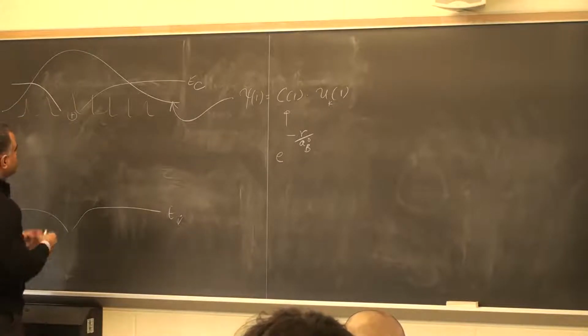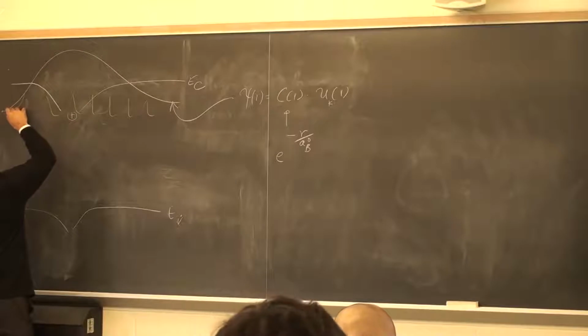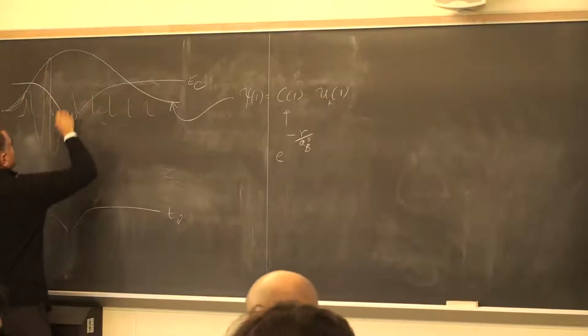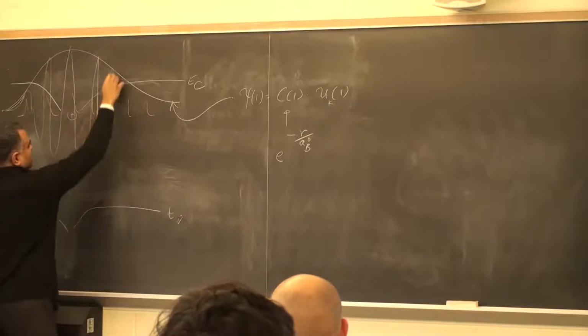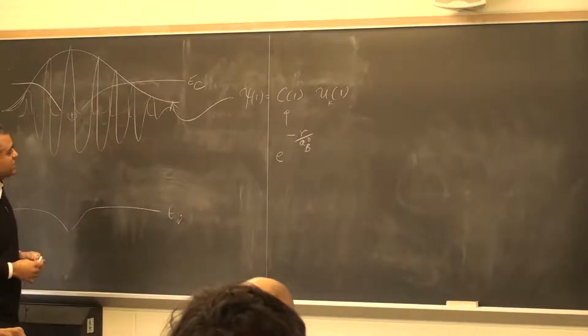And so the net wave function is the product of the two. So in other words, you can imagine how it will oscillate like that, but that will be the envelope of that function. So it will look something like that, the total wave function, right?